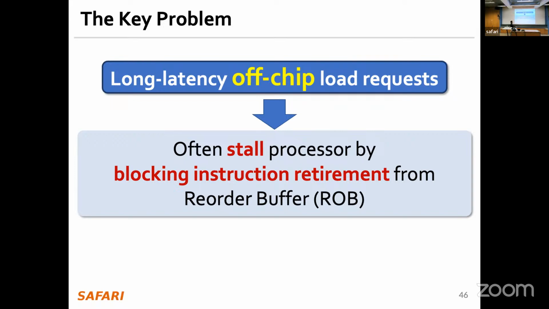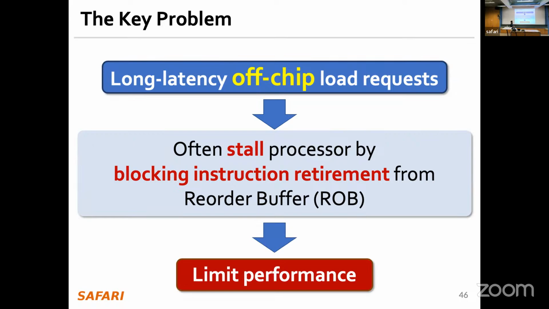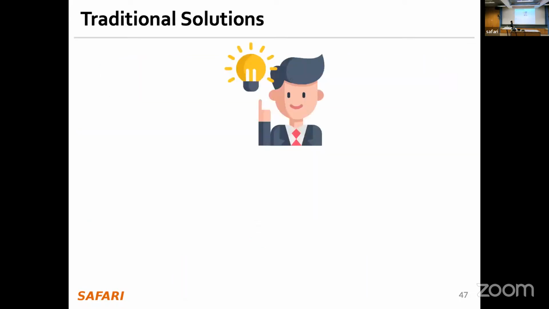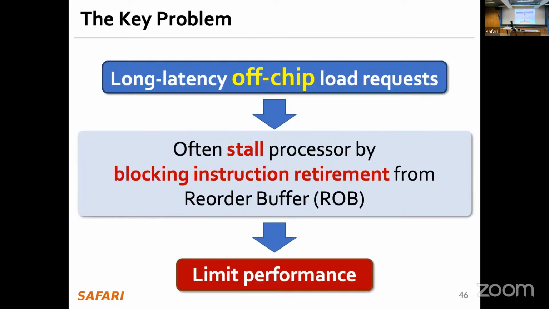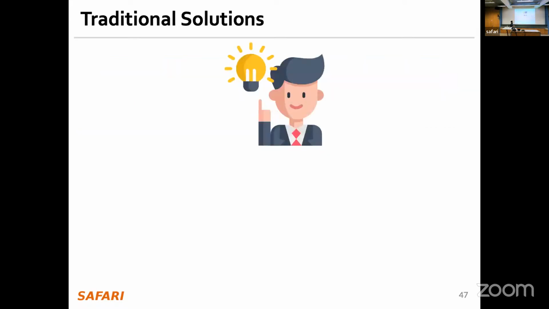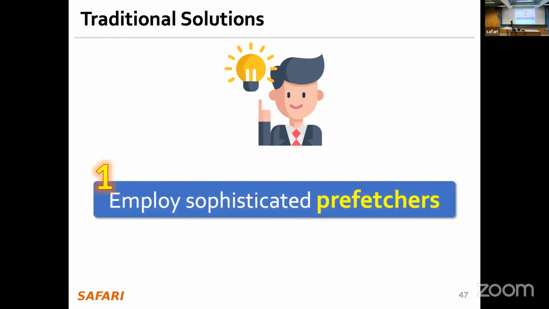Okay. So we are trying to reduce this as much as possible because it is a severe limitation of performance. Now, to alleviate this challenge of blocking instruction retirement from the reorder buffer, traditionally architects have relied on two key techniques, which we have covered before. I'm going to reiterate: caching and prefetching.